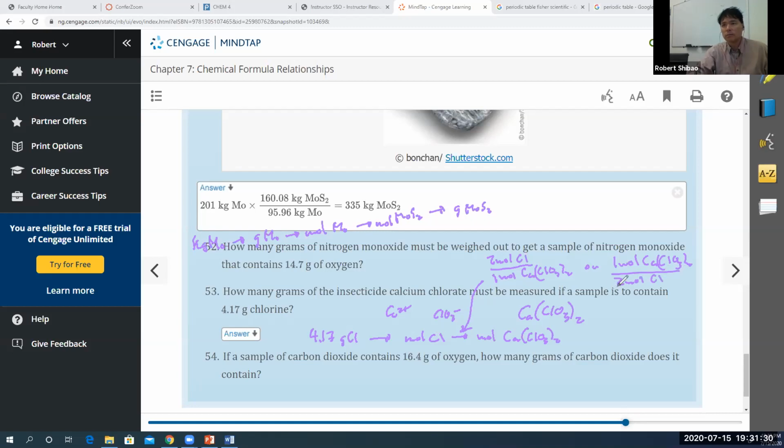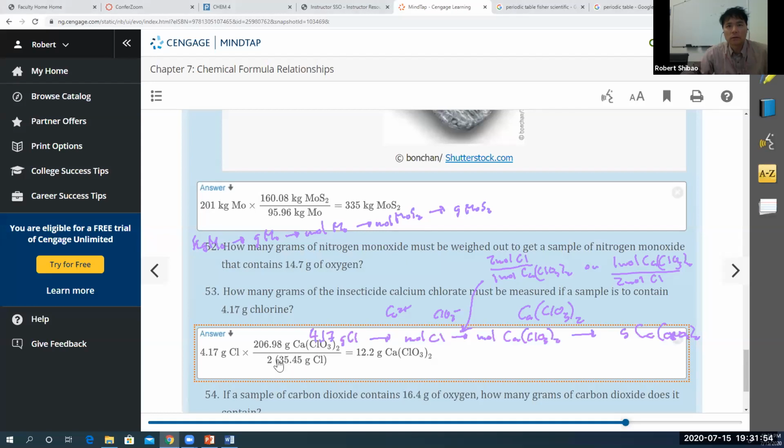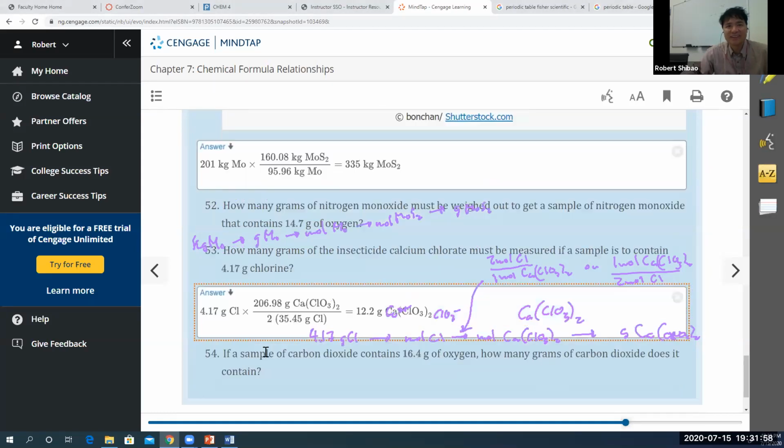And so that's going to convert chlorine into Ca(ClO3)2 and then just go to grams of insecticide, which is the Ca(ClO3)2. And there I have to calculate the molar mass. All right, and again, your book is going to use the mass ratio. Numbers are going to come out the same, though.